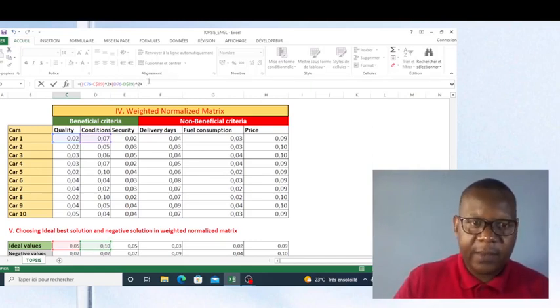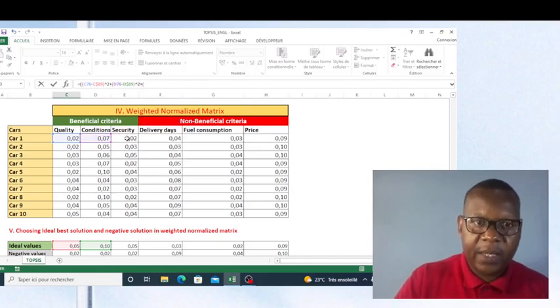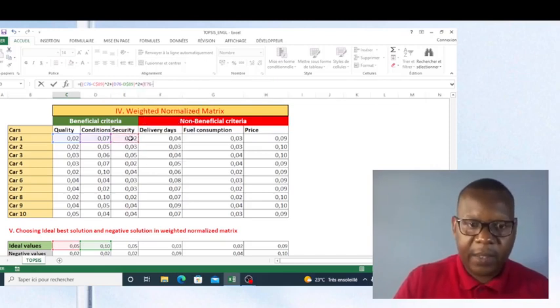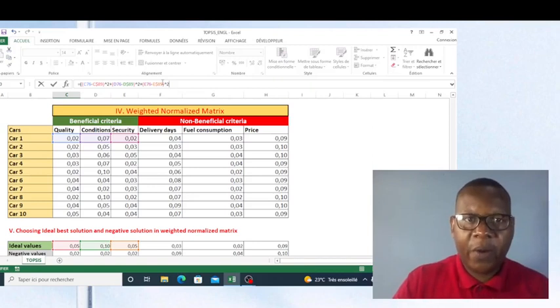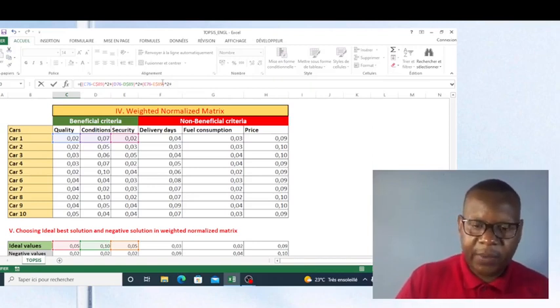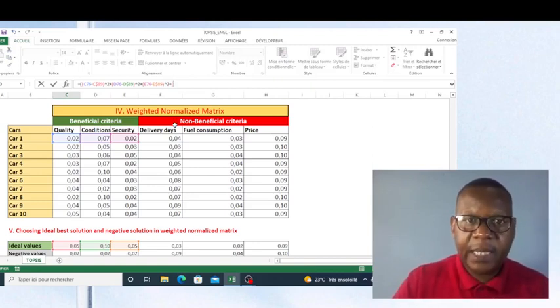Then add this value, sorry, parentheses, I forgot, this value minus this one, add your values, but I have to fix this value like this, to the power of 2, plus parentheses, this value minus this one.